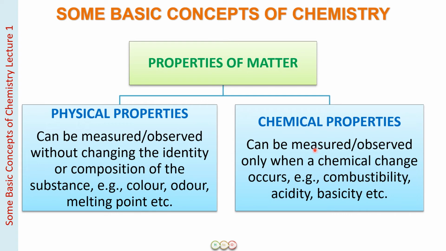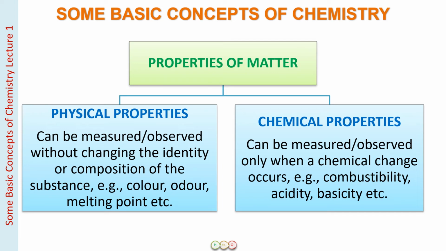Well, chemical properties can be measured or observed only when a chemical change occurs. For example, we want to study the combustibility of carbon, right? So we want to see how carbon burns. So what we do is we burn carbon in the form of coal, charcoal, and burn it in air. What do we get?